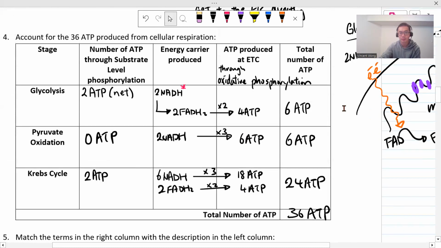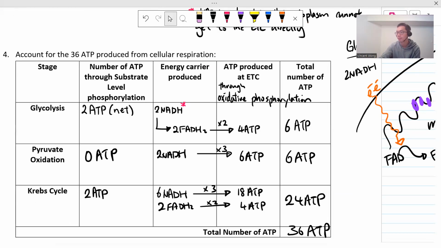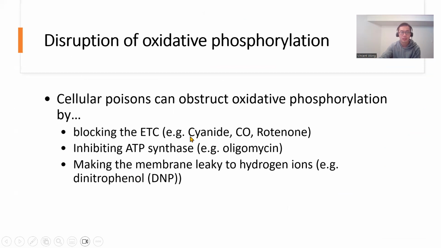Let's keep going with the PowerPoint. So now we're going to look at a few things that can obstruct and interfere with oxidative phosphorylation, which is basically the ETC. So there are things that could block the ETC directly, things like cyanide, carbon monoxide, and something called rotenone.